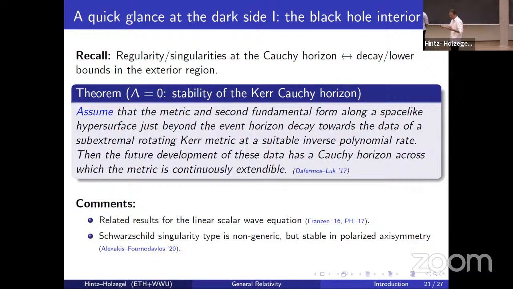This means that the Kerr interior is actually the generic behavior, and the Schwarzschild singularity type that we saw is non-generic, although there are some results showing that it's stable in polarized axisymmetry by Alexakis and Vounadavlos. And previous results on this theorem include things done for the linear scalar wave equation.